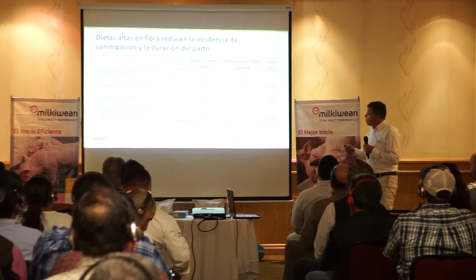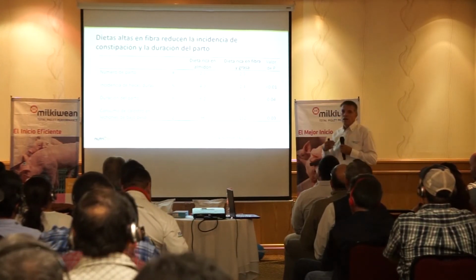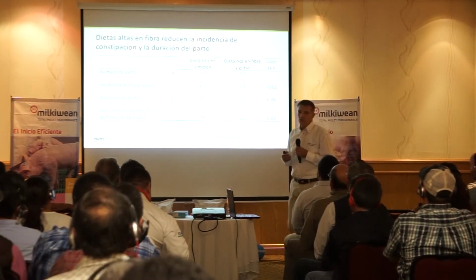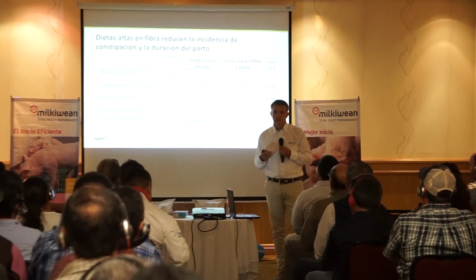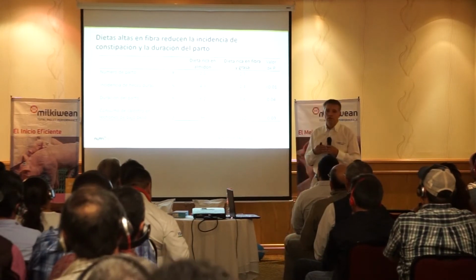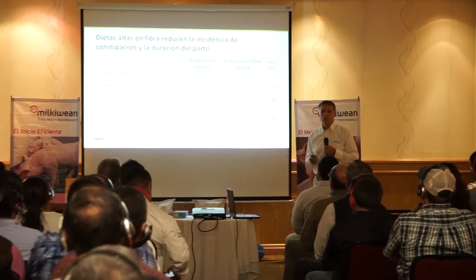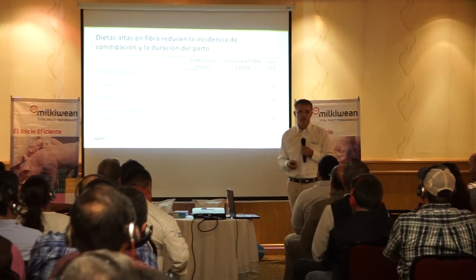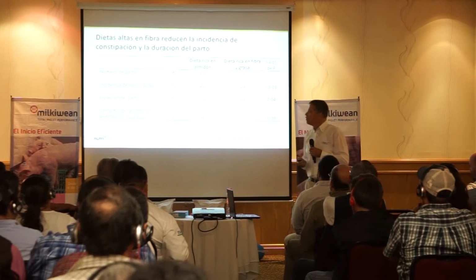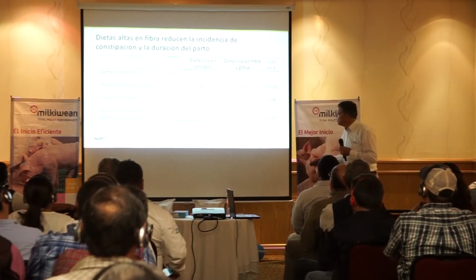And when you use a higher fiber diet, you want to reduce the incidence of constipation. You know that at the end of gestation, we see often that constipation is an issue. We get more hard feces, and with fiber we can reduce that incidence.